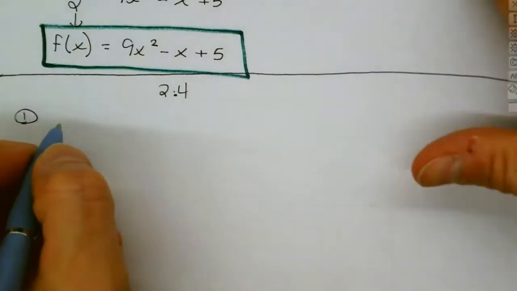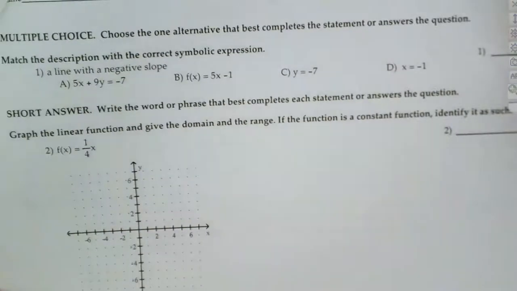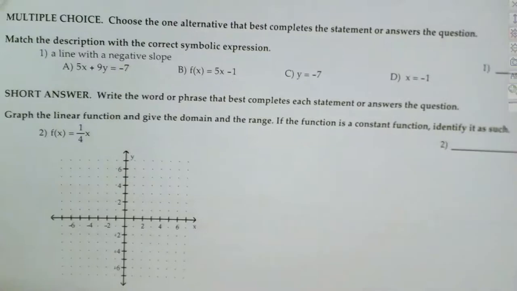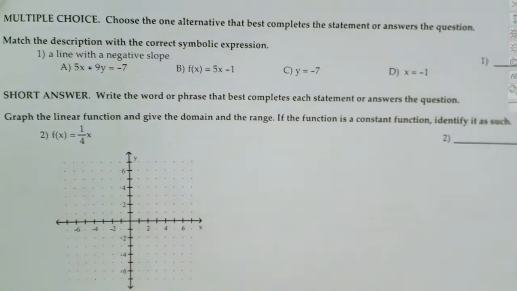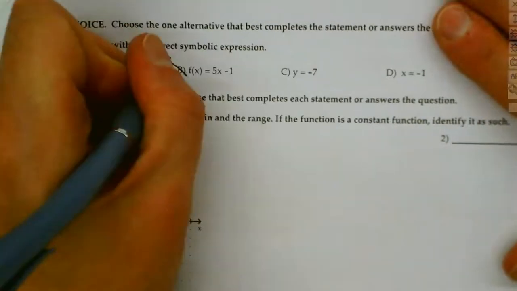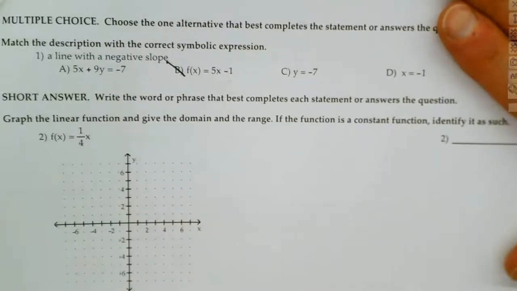Okay, so on question number 1, we've got 3 choices, and we want to find the one that has a negative slope. So let's look at each one of these and find the one that has the negative slope. Okay, let's see which ones it's not. Why is B not a possible correct answer?